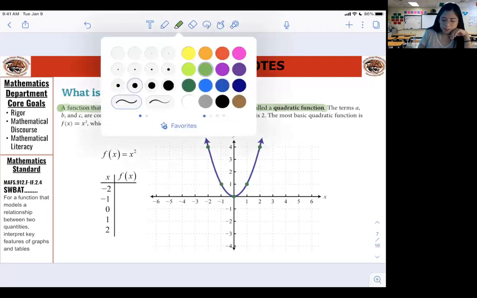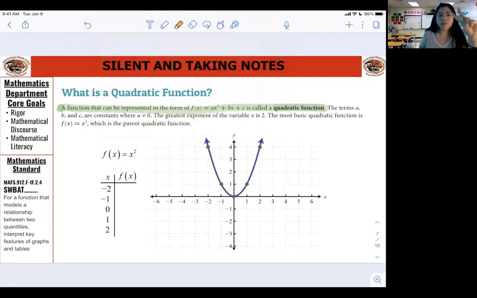Actually, let me change that up. You're going to write down two parts to this, the parts that I'm highlighting. So the first sentence and the last sentence. And who's going to read? Otherwise, I'm going to be calling on someone.